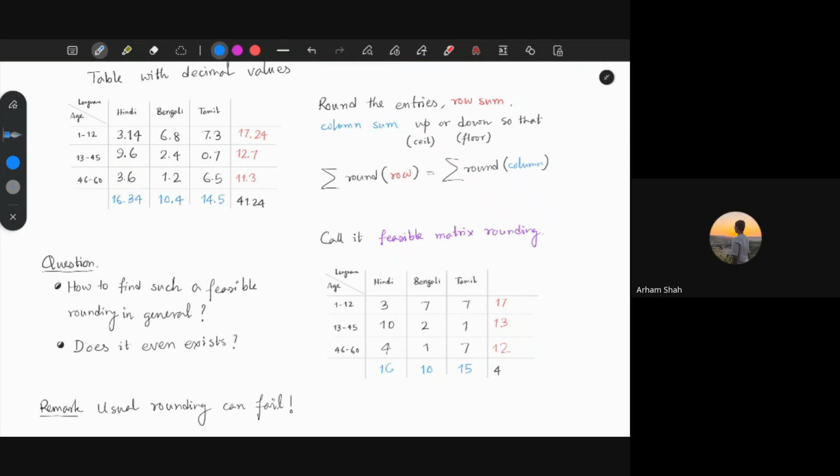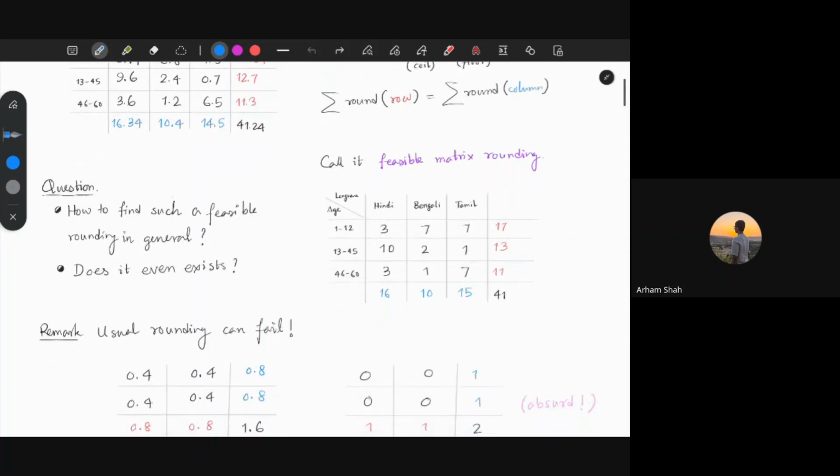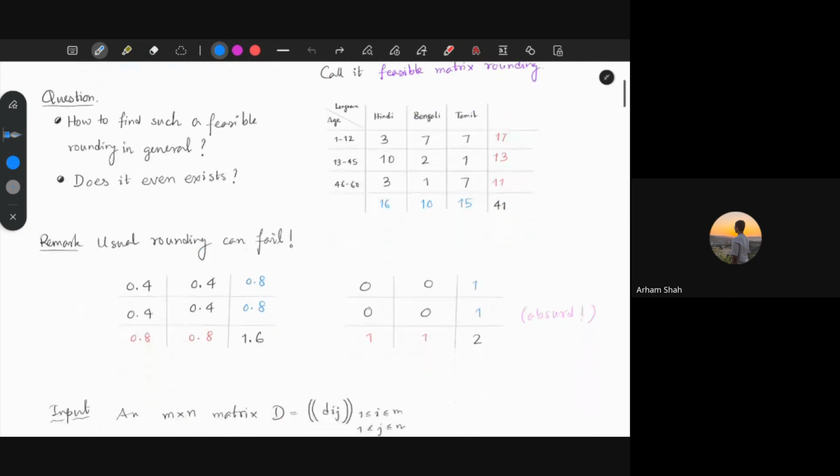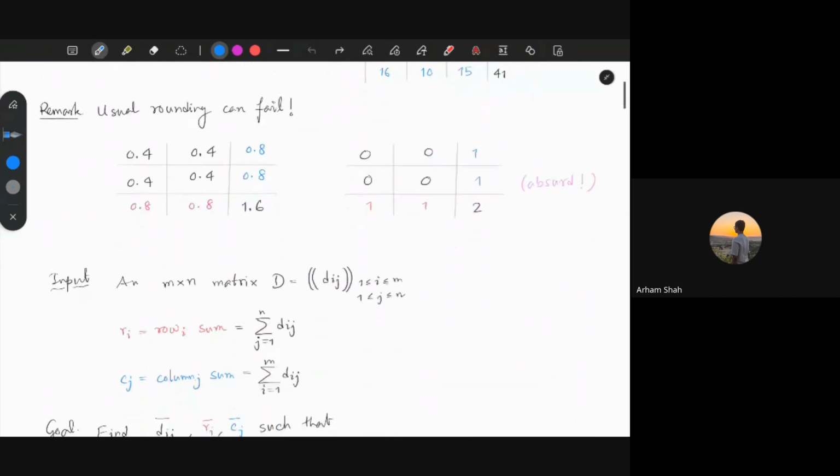Sorry, not 17. Right, it will fail actually. It is not the usual rounding. Even this 41, if it becomes 42, then the usual rounding won't come. Yeah, thank you.